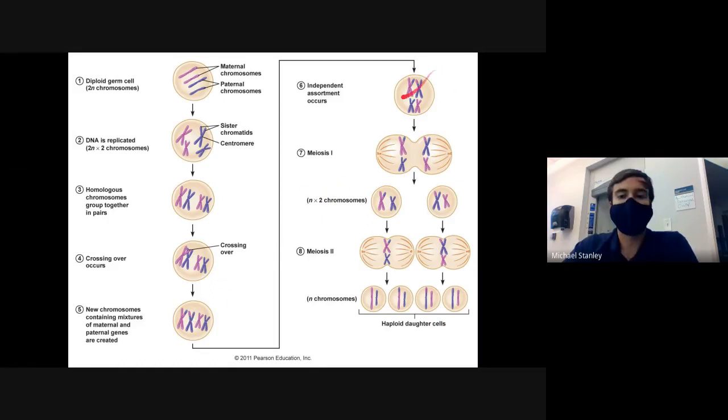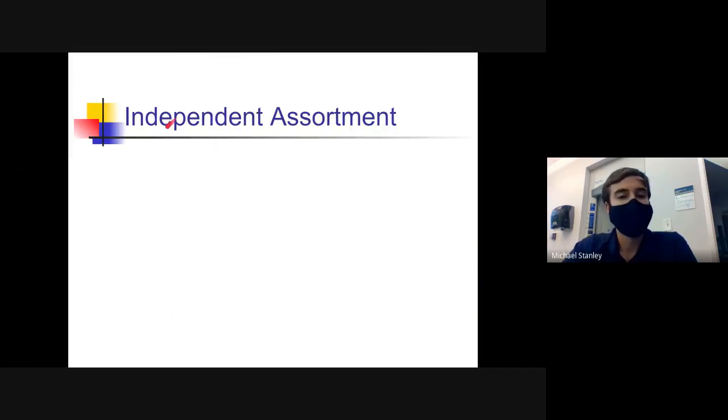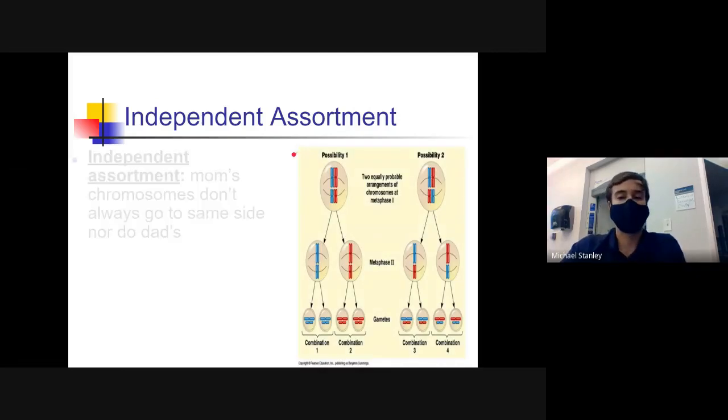And then the way that they happen to line up in this case is that for this set of meiosis, the big pink chromosomes went on the left and the big purple on the right. And then the little purple went on the left and the little pink went on the right. Independent assortment is essentially a way of saying that that is not always the case that's going to happen.